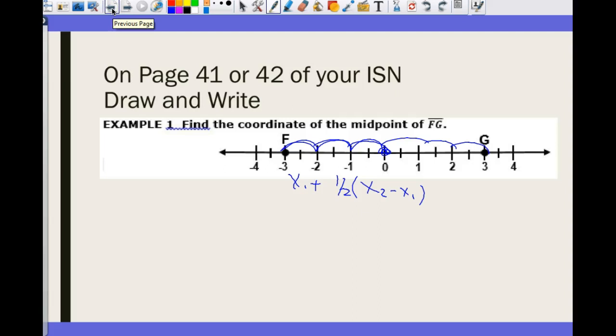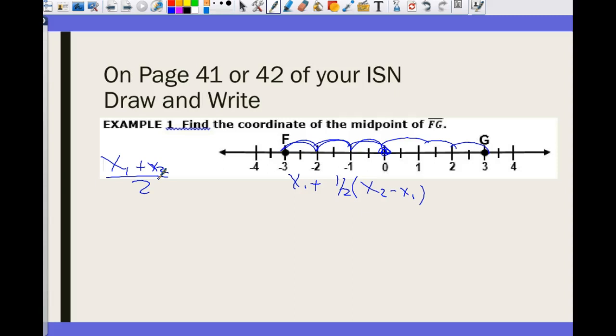Let's use the midpoint formula right now to solve this problem. Our answer should be 0, right? So we have x1 plus x2 divided by 2. Do we care about our y's right now? No. There is no y component to this problem.